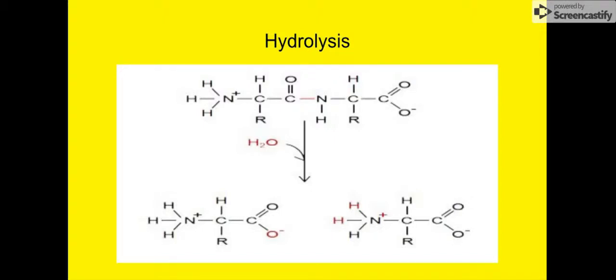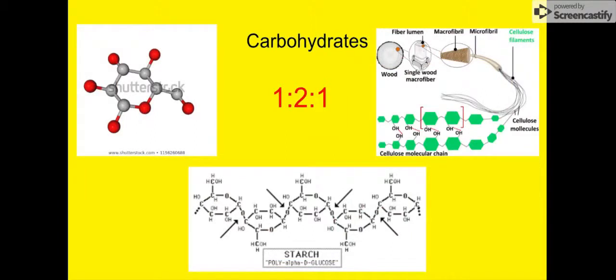There are 4 different organic compounds, and the first one is carbohydrates. They are simple sugars and starches. It is a 1-to-1 ratio of the elements that make up a carbohydrate, C6H12O6, stuff like that.